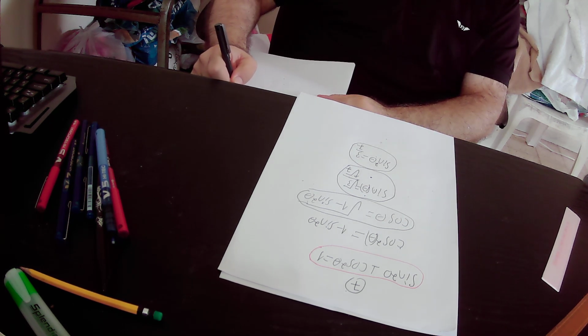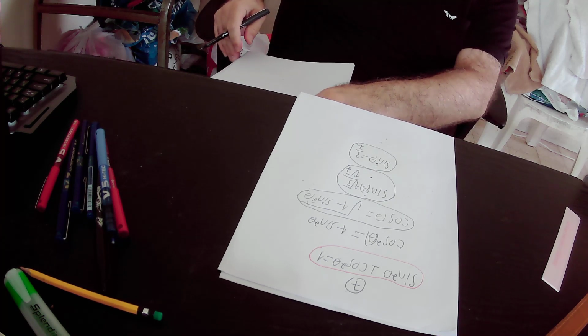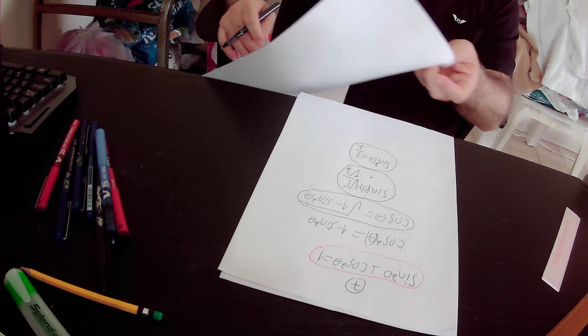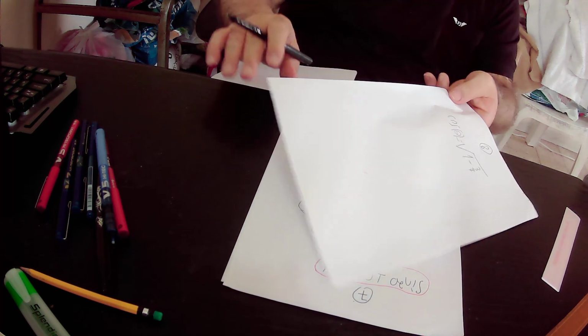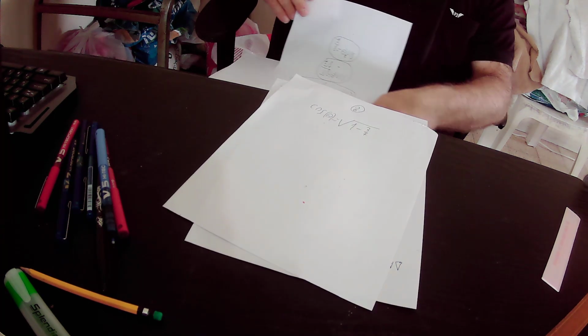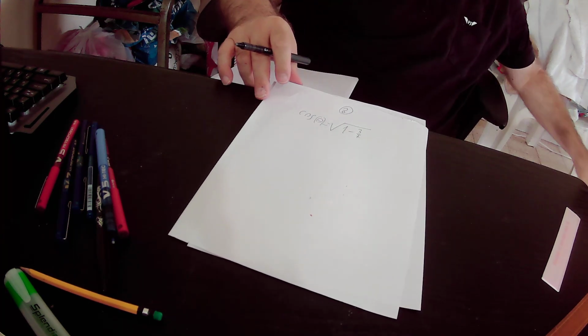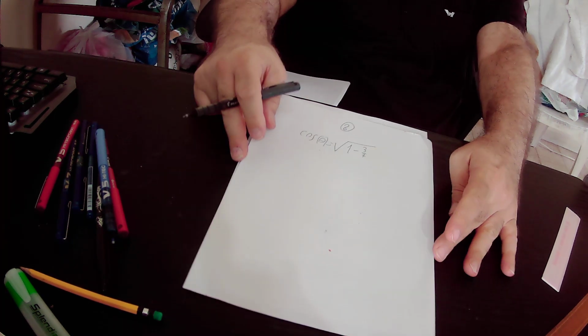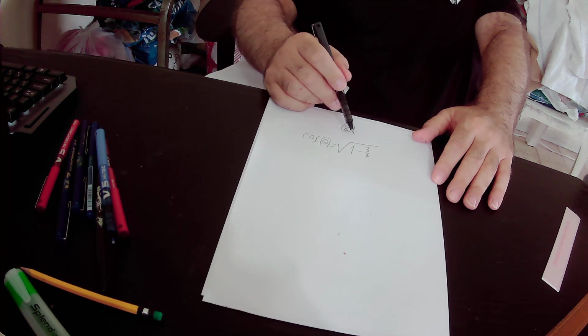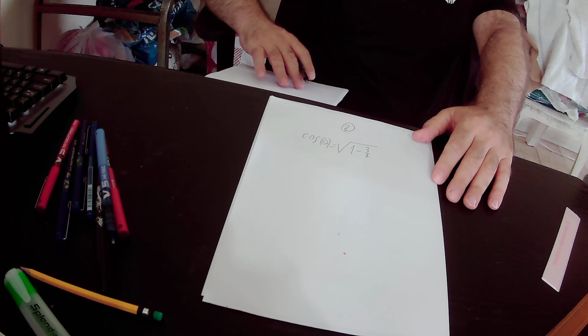So we get the following equality, that cosinus theta equals to the root of 1 minus 3 over 7.